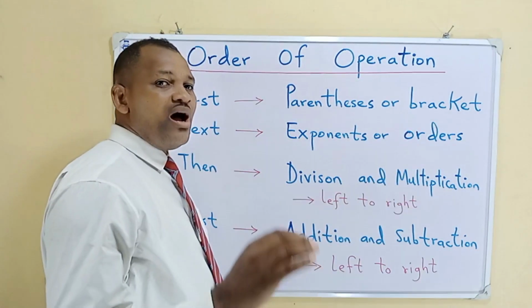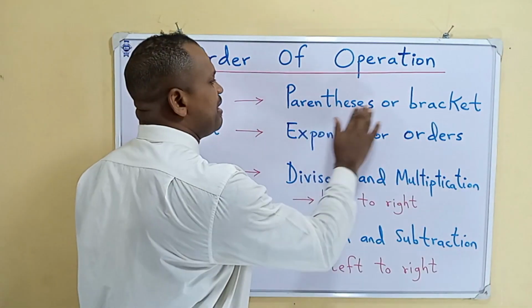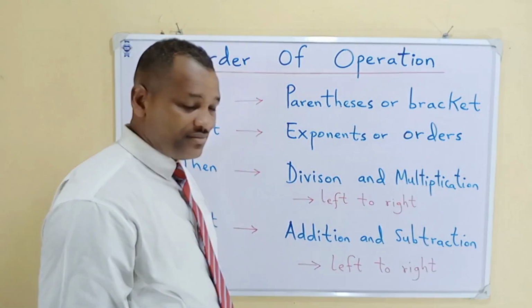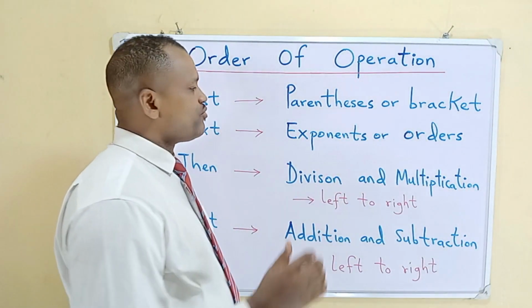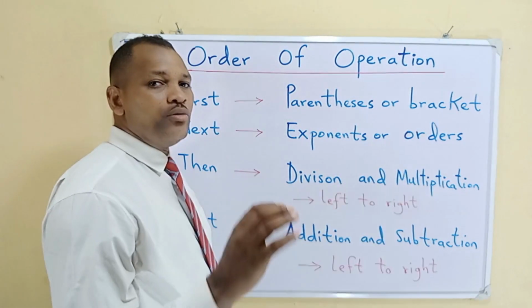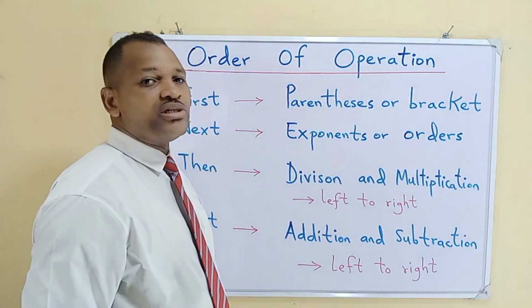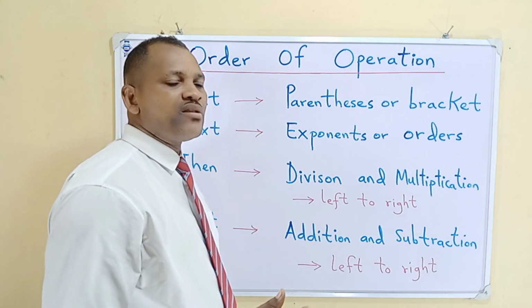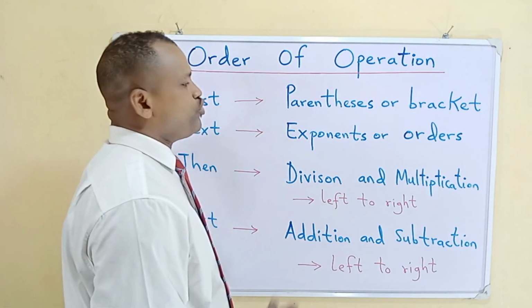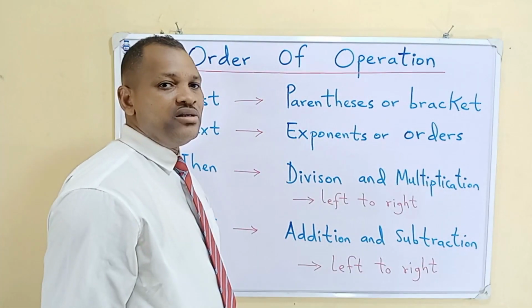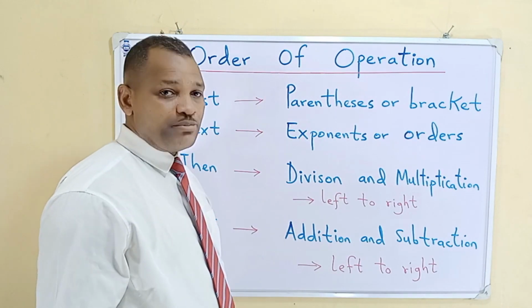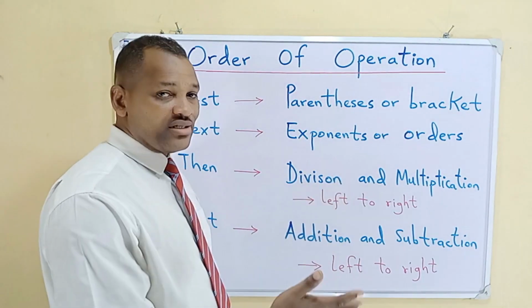In other words, handle the parentheses and brackets first. After that, you tackle the problems that have to do with exponents or orders. When we say exponent, we mean, let's say, 2 raised to power 4 is an example of exponents or orders.